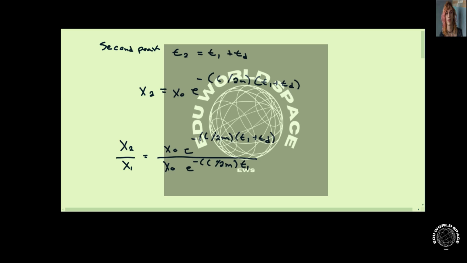And with this, it looks like we end up with e to the minus c over 2m times T, so it's going to have the T left over.